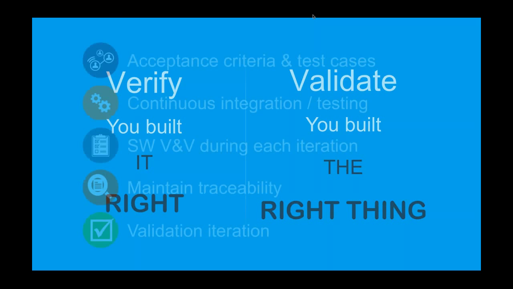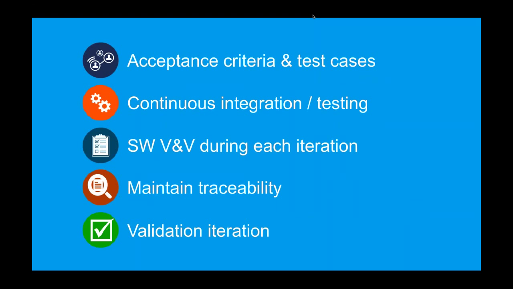This means that you need to put quality at the center of your processes. You need to work with the users to define the acceptance criteria and test cases. We think these are the backbones of software verification and validation. You need to implement continuous integration and testing to be able to release quality products faster.